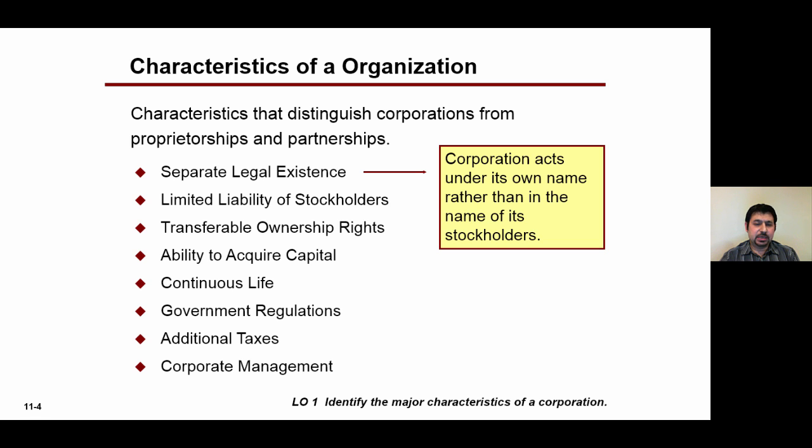It has its own name. It can buy assets. It can own a building, for example, under its own name and not under the name of the shareholders or the owners of the company. It has the right to rent, to lease, to do business separately from its shareholders.